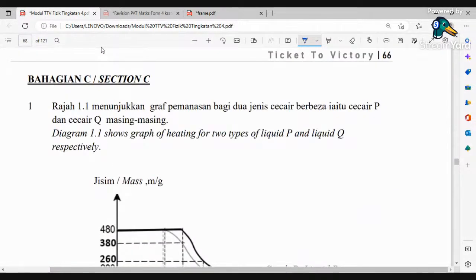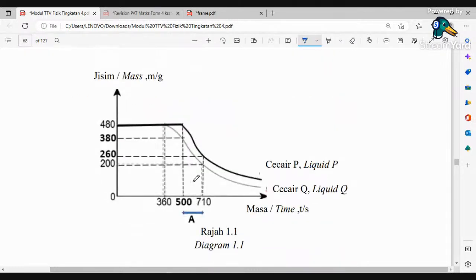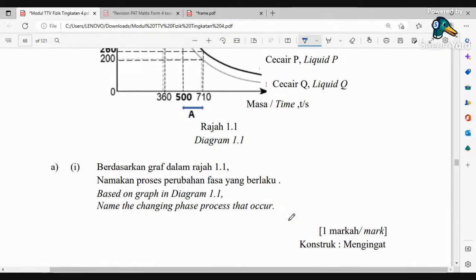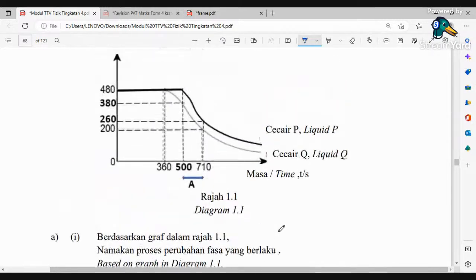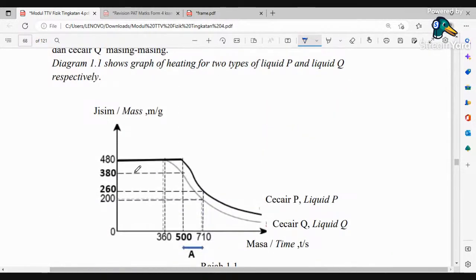Okay, part C. Diagram 1.1 shows graph of heating for two types of liquid, P and Q respectively. So, you nampak ni ialah P, yang bawah ni ialah Q. Based on the graph, name the changing phase process that occur. Jadi nampak ini dekat bahagian sini.